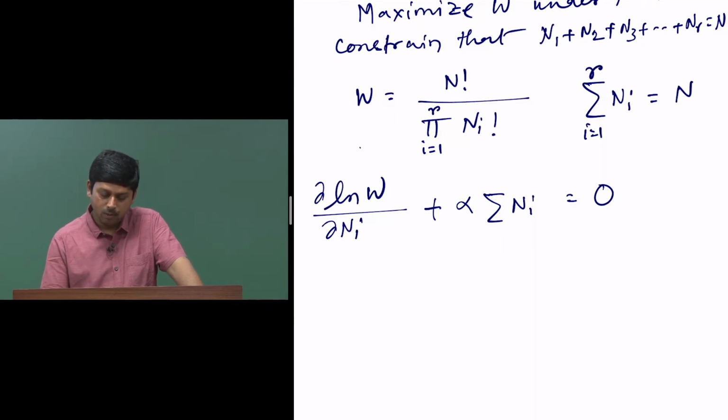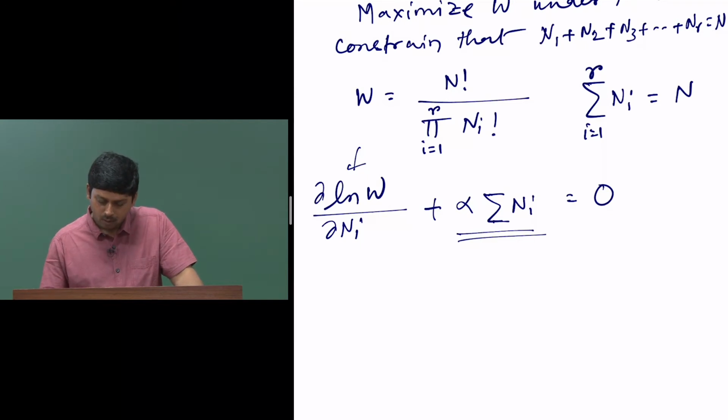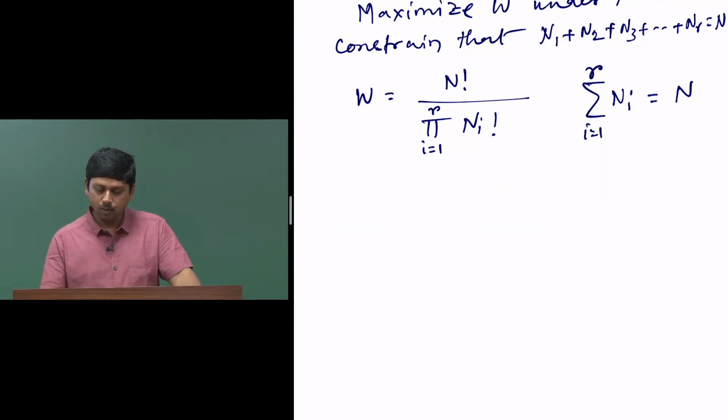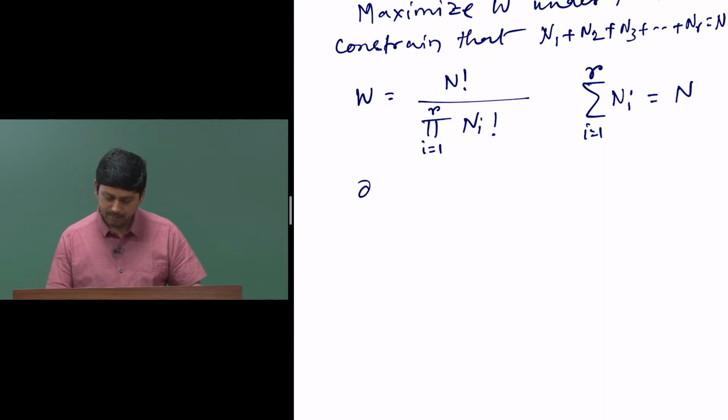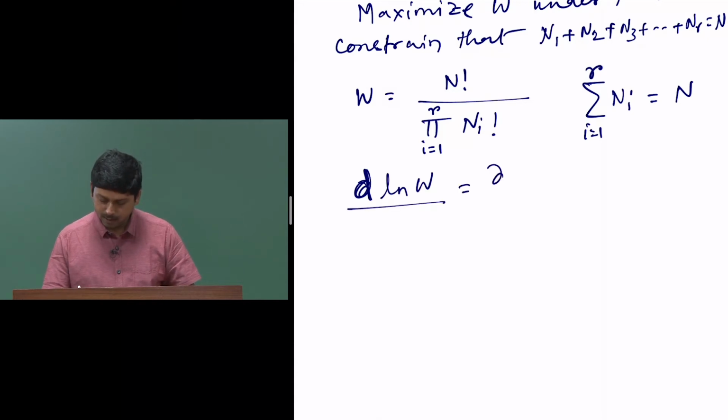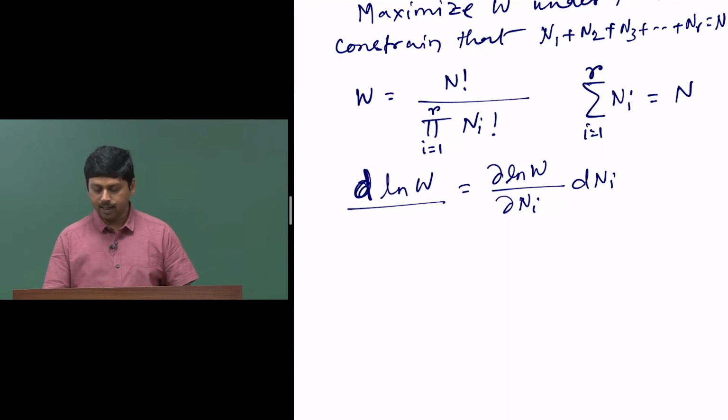So, we are maximizing W, however, we are constraining the value of n i. So, you have to maximize W under the constraints of n i. For that, as you know, it is better to maximize ln W instead of W. So, we are going to write d ln W as the sum over i equal to 1 to R of del ln W by del n i d n i, as any exact differential can be written.